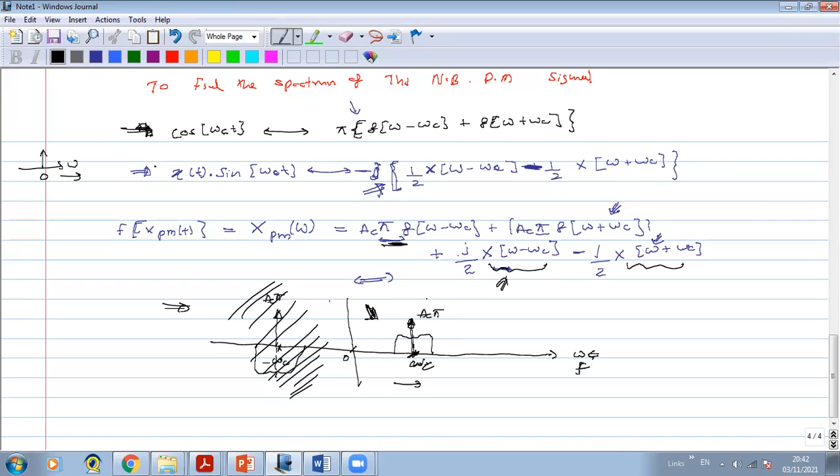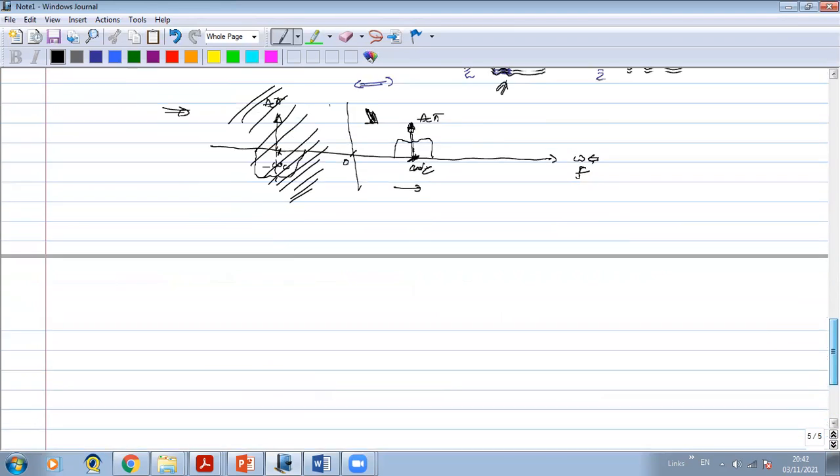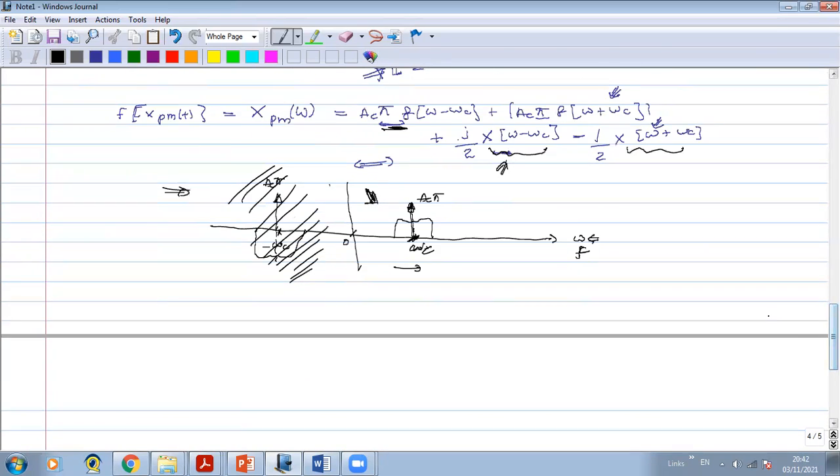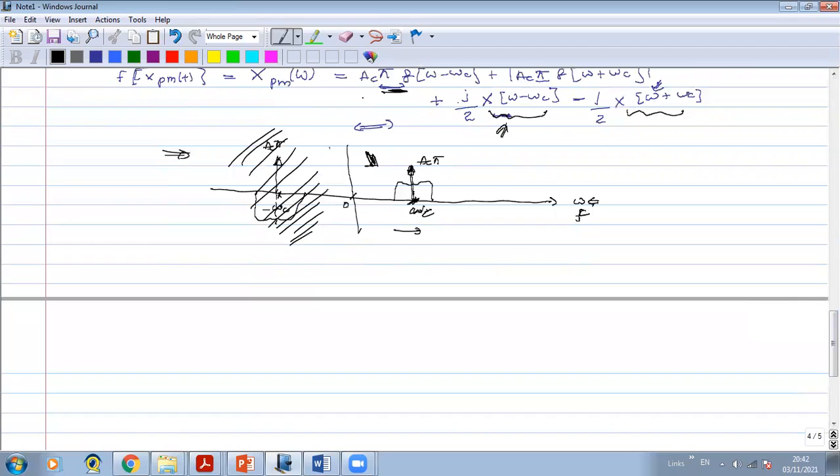This is the practical spectrum. If I write only the plus frequency terms, the plus side only, we get the phase modulated spectrum.